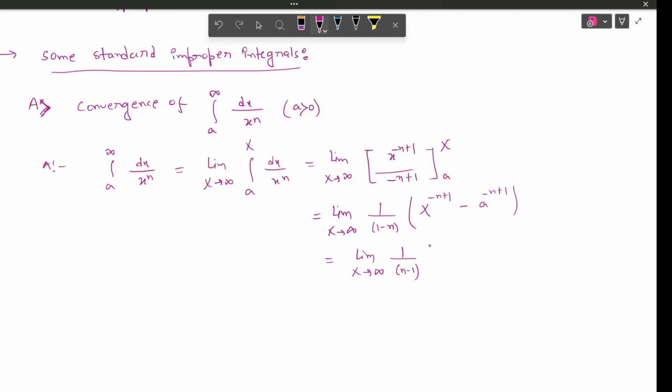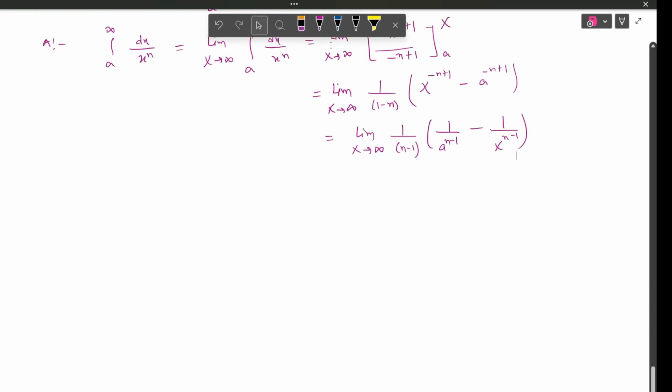So it is limit X tends to infinity, 1 by n minus 1, and in the first term it will be 1 by A to the power n minus 1, minus, this is X to the power minus n plus 1, and if you take minus common from this, it will be 1 by X to the power n minus 1.